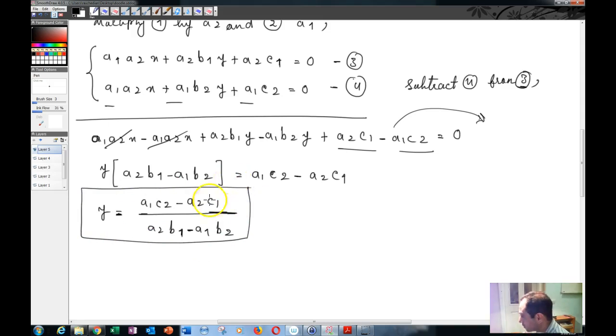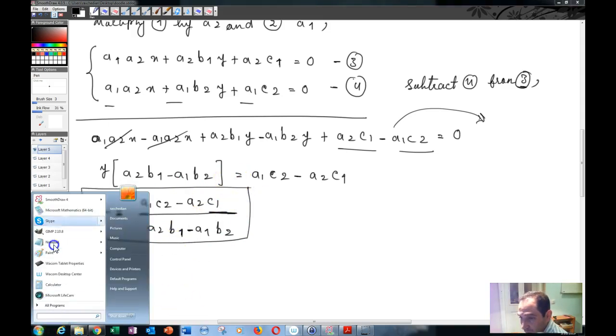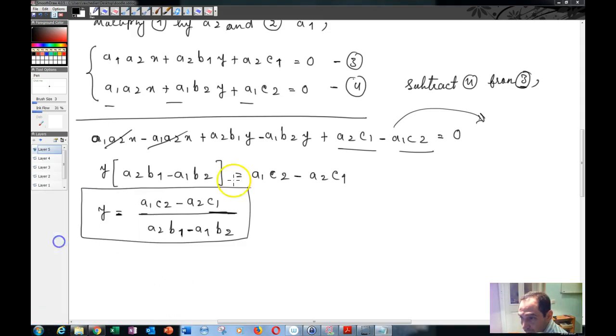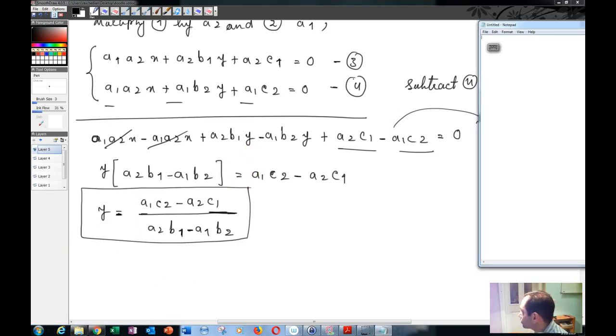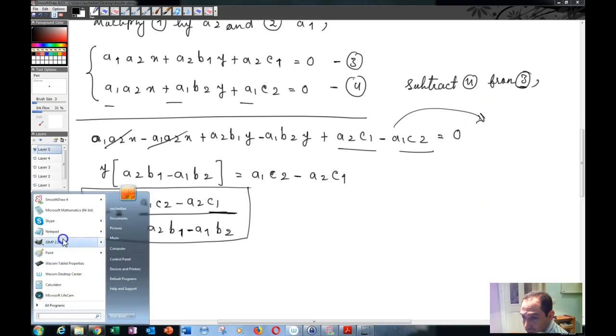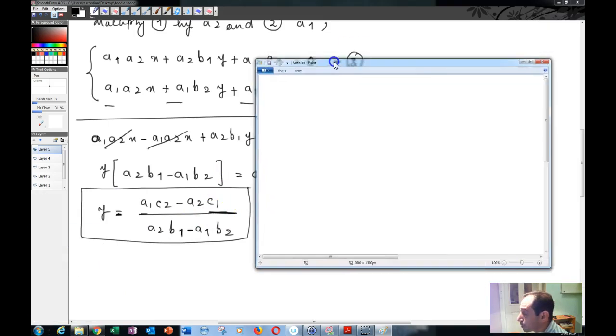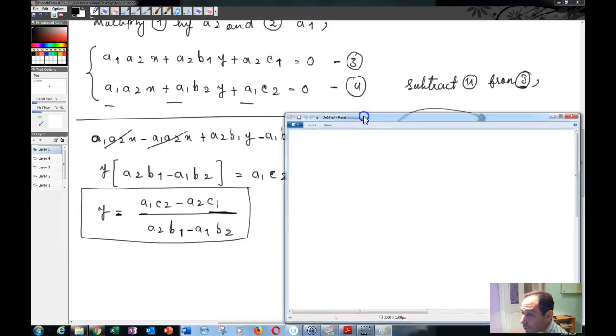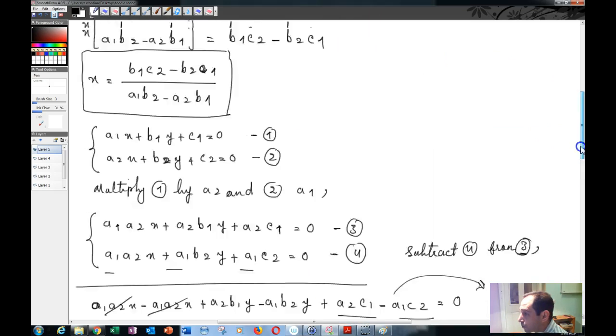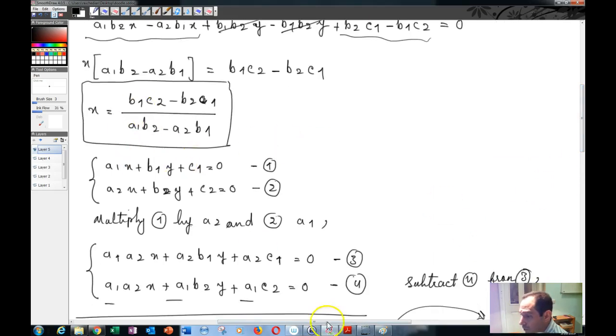Now let me write down these two things on a notepad or something. Not notepad, I'm sorry, but paint. Okay, so my x was this thing over here.